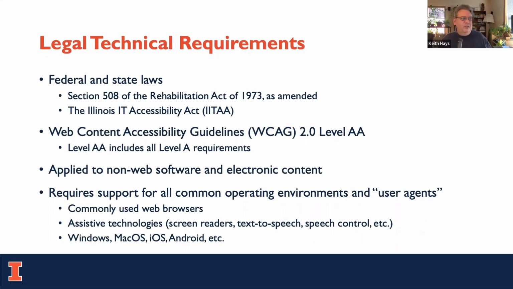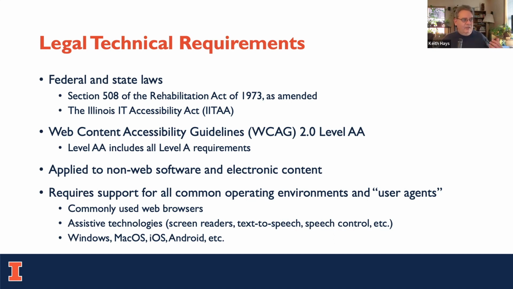And there are conformance requirements in there, level A, level AA. And each of these basically explain how to make an accessible web experience. This has been applied to non-web content, so electronic documents, software, etc., by these federal and state laws. So it's not just about the web.